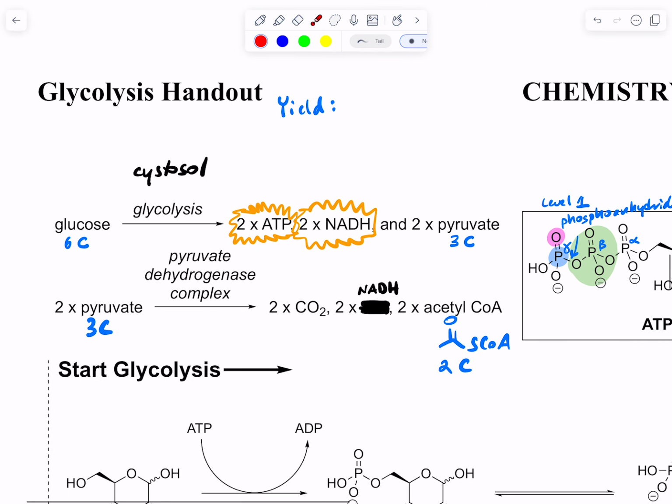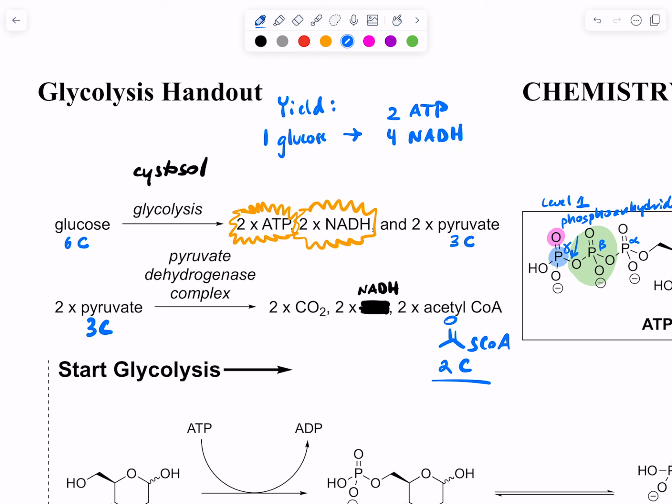So let's see what the overall yield is for 1 molecule of glucose. We get 2 molecules of ATP out, and then overall, up through going to acetyl-CoA, we get 4 molecules of NADH times 2.5 ATP per molecule of NADH.